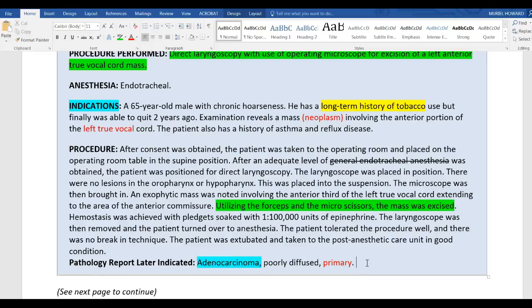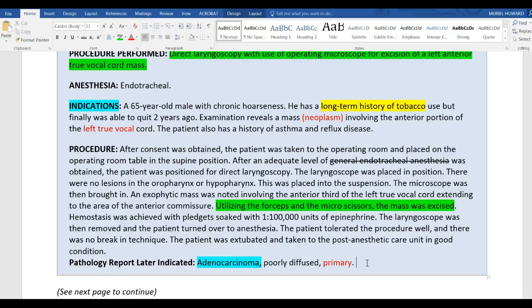So if the patient had this removed and he was no longer dealing with cancer, and the patient gets cancer somewhere else, or adenocarcinoma in another location, that location will always be considered secondary. And any other locations that the cancer appears on the body will always be considered secondary. So that's the difference between primary and secondary.